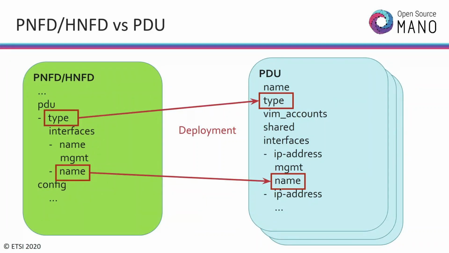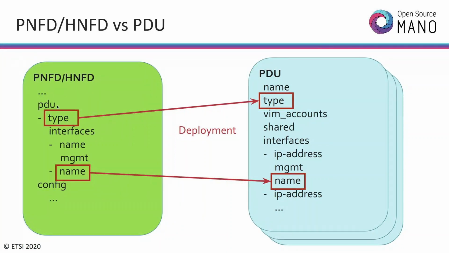I have a router with IP address 10.1.1.1, and I have another router with IP address 10.1.1.2, and I have another router with IP address 20.1.1.100. So there are three different routers that are described in this PDU file, and they are of type router.